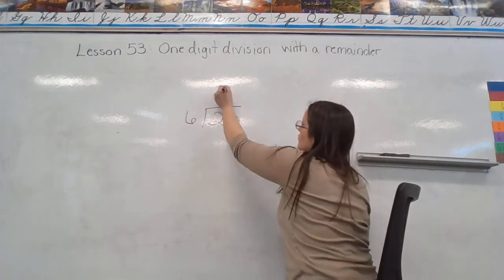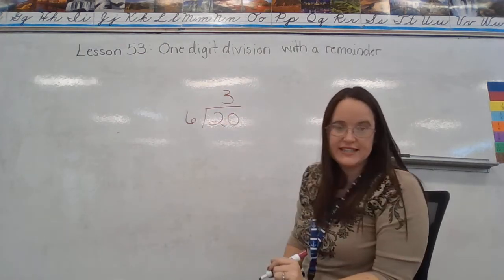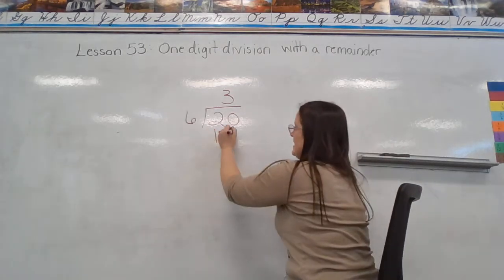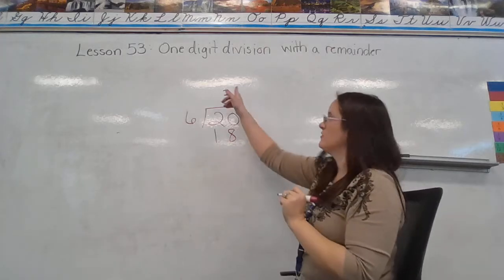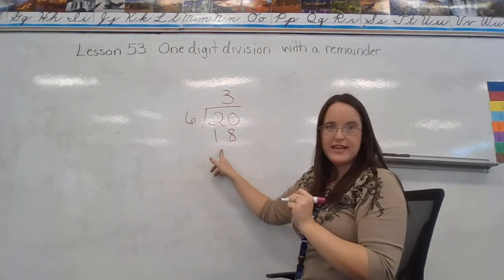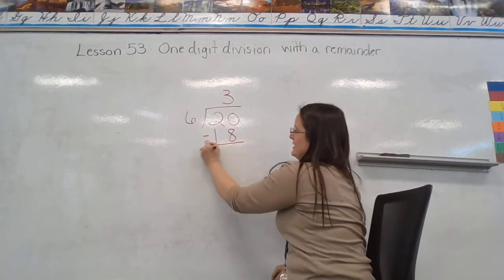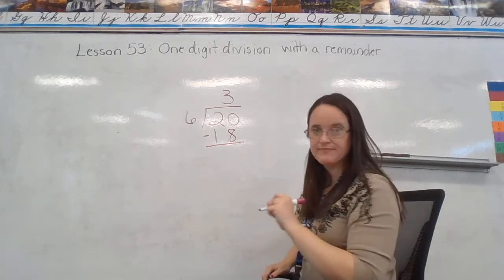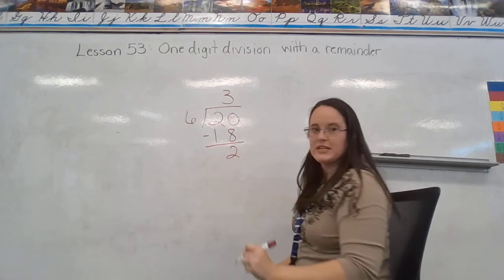I can make 3 groups of 6. 3 times 6 is 18. I put that number down here. Then I subtract. What is 20 minus 18? That's going to give me a 2.